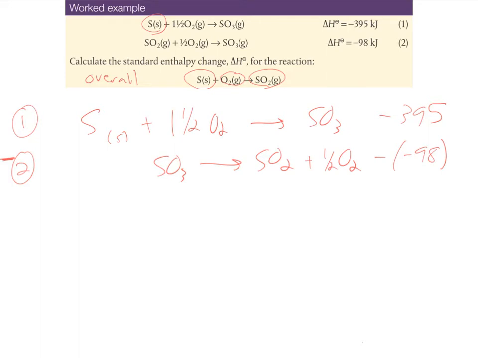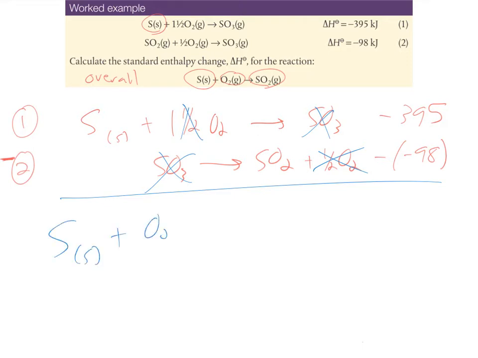because I've flipped the reaction. So here's something to know about delta H of reactions. If I know the delta H of this reaction in the forward direction, the reverse reaction would have the same magnitude of delta H, but it would be the opposite sign. So if I combine these, SO3 cancels, 1/2 O2 cancels the half O2 here, and I have sulfur solid plus O2 gas makes SO2 gas.